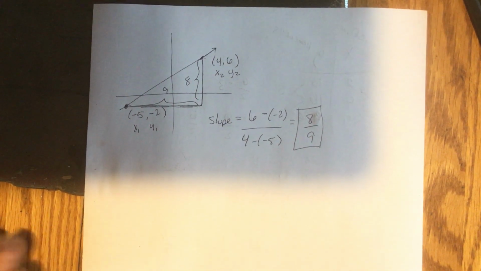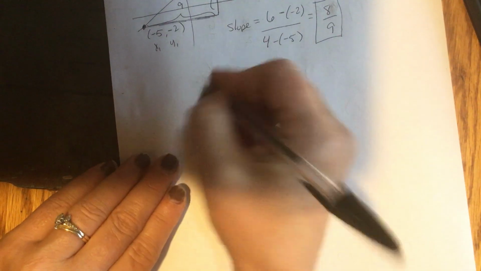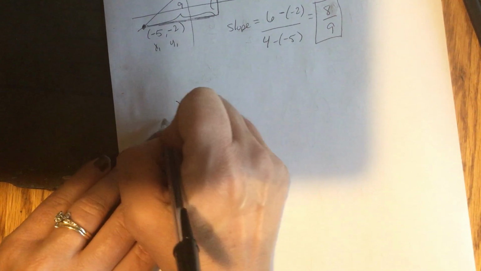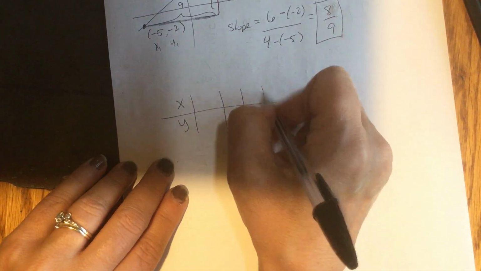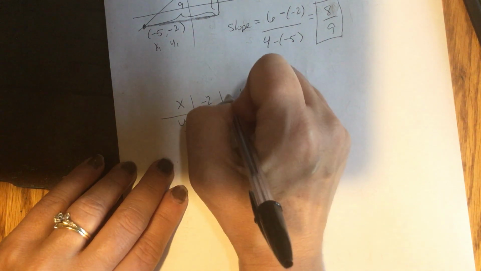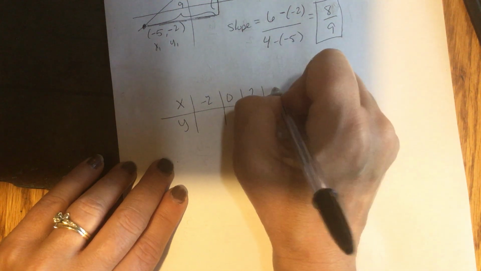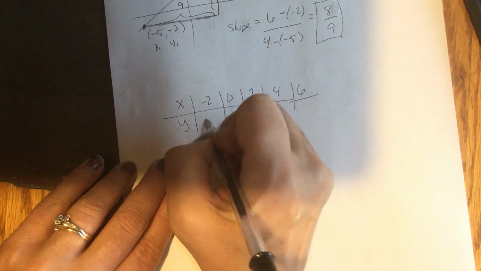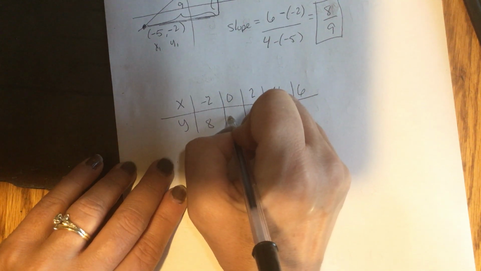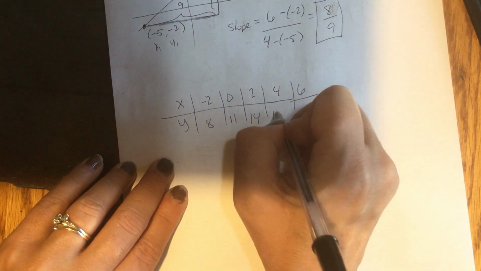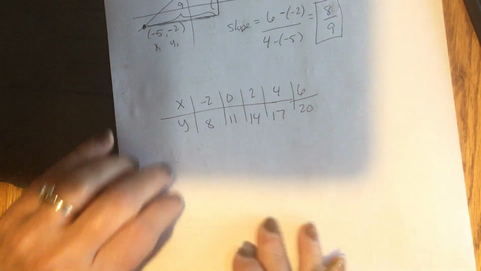They might give you a table, and they might do x, y sideways, and they might say this is negative 2, 0, 2, 4, 6, and then this might be 8, 11, 14, 17, and 20.